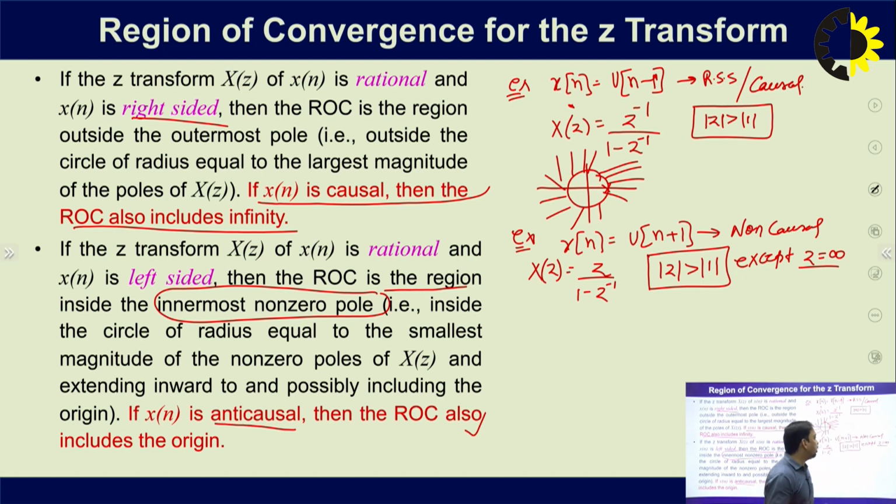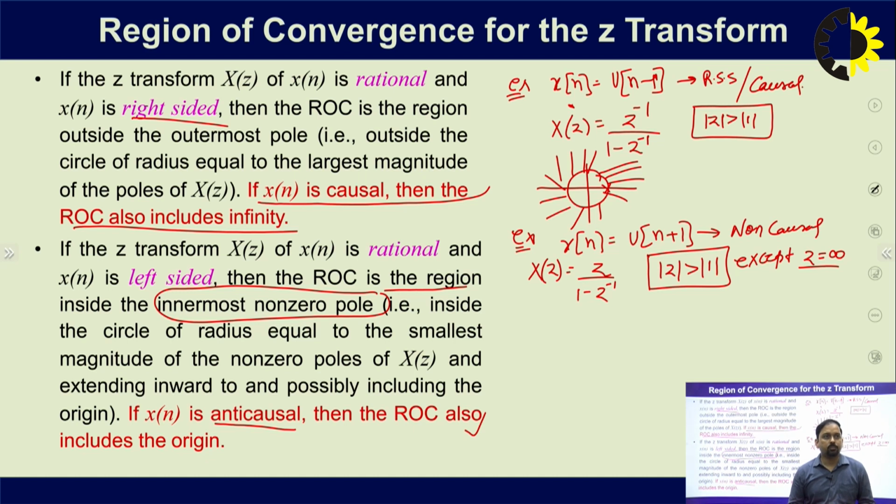Anti-causal is the opposite of causal, means h[n] equal to 0 for all n greater than 0. Whereas causal is h[n] equal to 0 for all n less than 0. So we can utilize these properties to mark the region of convergence for the Z transform.